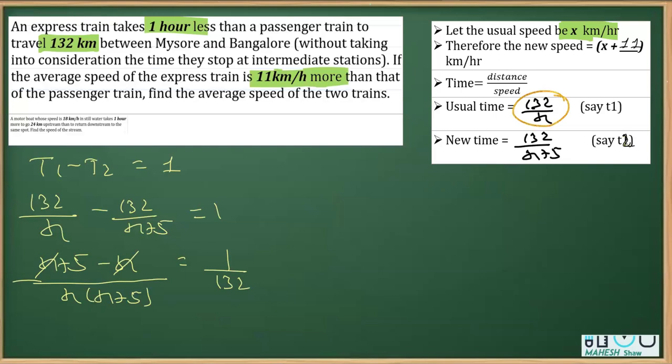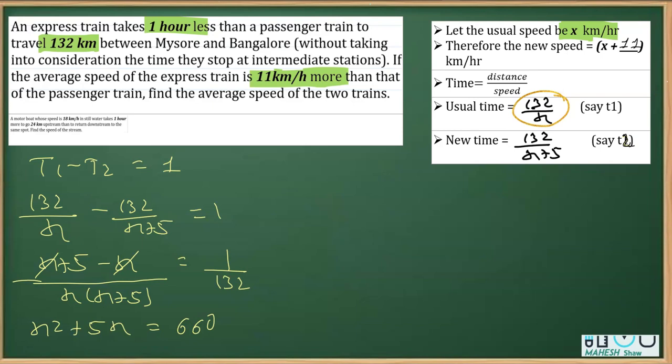Now, if I do cross multiplication, this is x squared plus 5x, and 132 multiplied by 5 is 660.